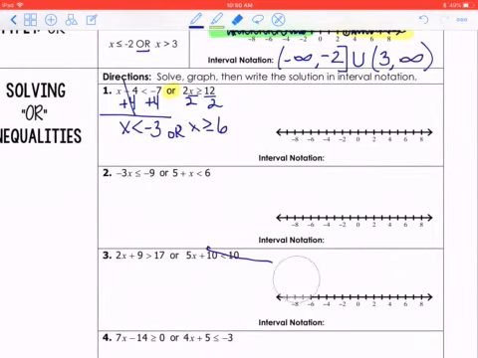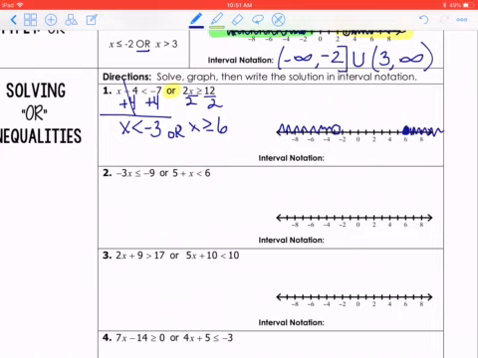So we need to graph that. We have negative 3. It's an open circle, and it's less than, so it's shaded left. The other one is a closed circle, because it's greater than or equal to, and it's shaded right. Remember, interval notation is going to be two sets.